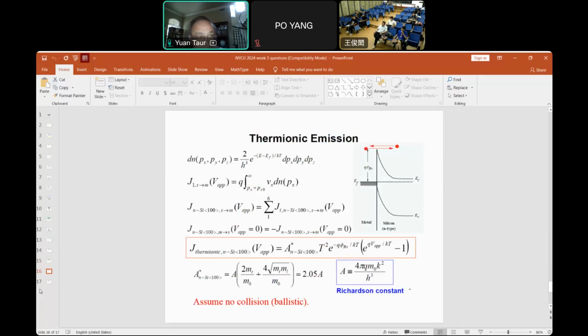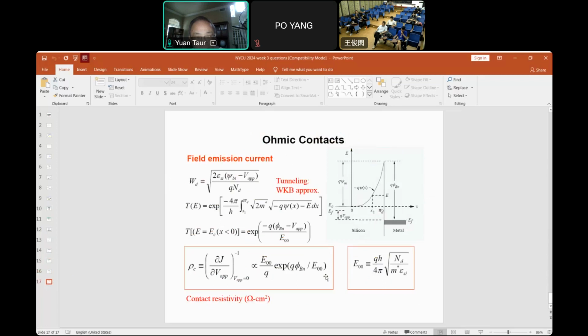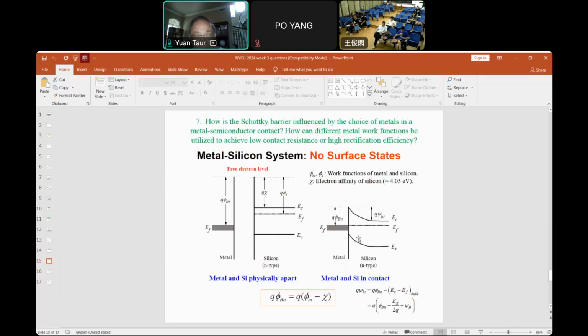If current is low, then of course the contact resistance is high. So this is contact resistivity. So if phi Bn is high, then we have a problem. From the contact point of view, for N plus, we would like to have a metal that has a work function close to electron affinity, so the barrier is almost zero.